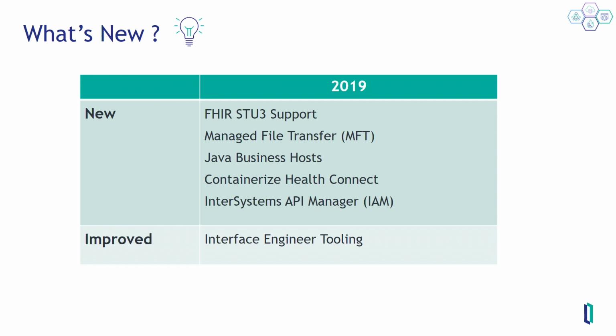This is a large number, actually more than 20 different enhancements specifically built to improve the usability of Health Connect for interface engineers. So I'll be covering some of that later in the session. So let me now go through these features one by one.